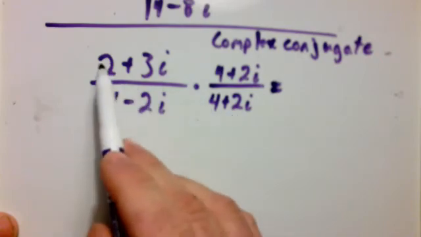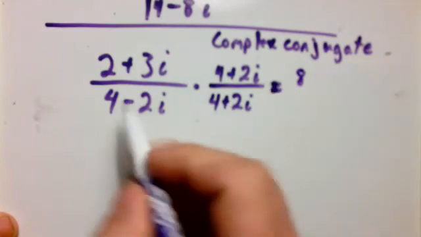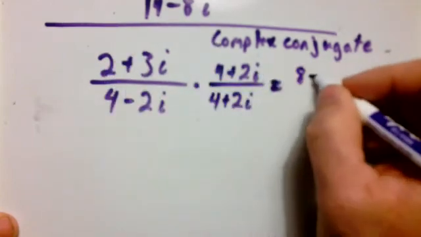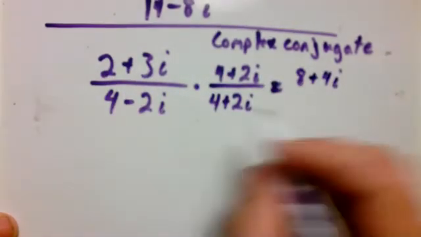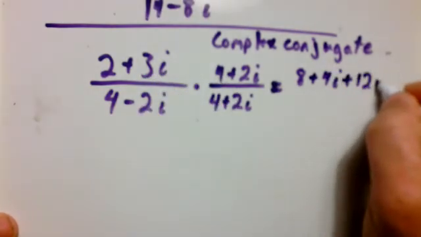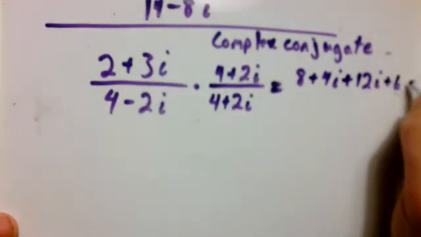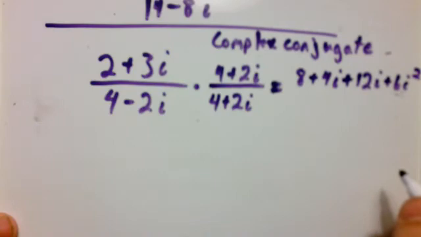So we distribute on top. 2 times 4 is going to be 8. 2 times 2i is going to be 4i. 3i times 4 is going to be 12i. And then 3i times 2i is going to be 6i squared.